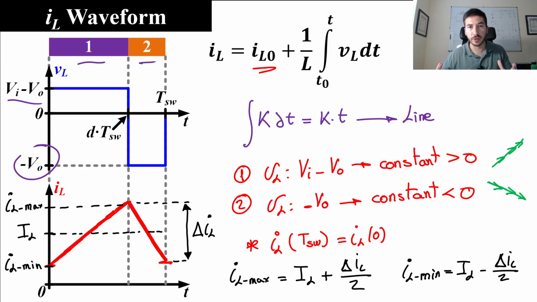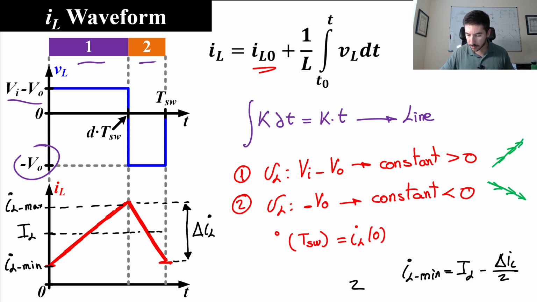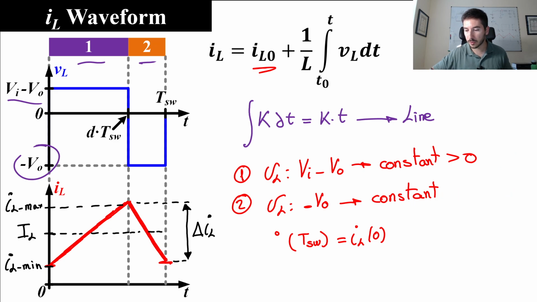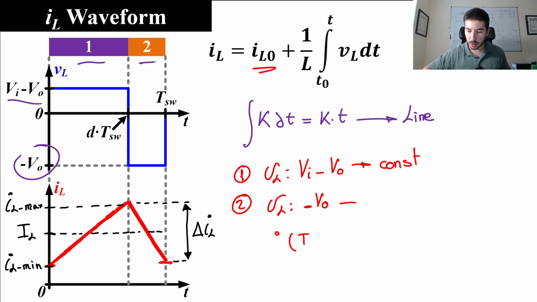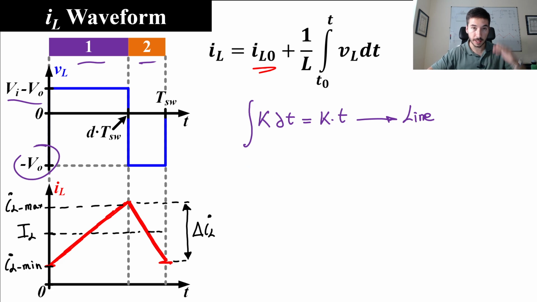So, we already know the average value of the current through the inductor. Let's evaluate the expression of the peak-to-peak current ripple. So let me remove everything I have here. In order to evaluate the peak-to-peak current ripple, we will also consider the general expression of the inductor current we have at the top of the slide.